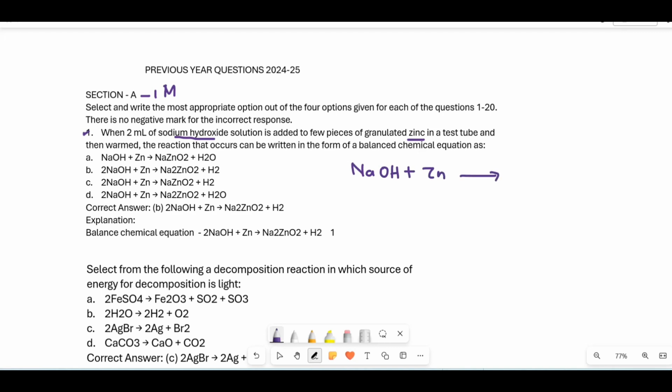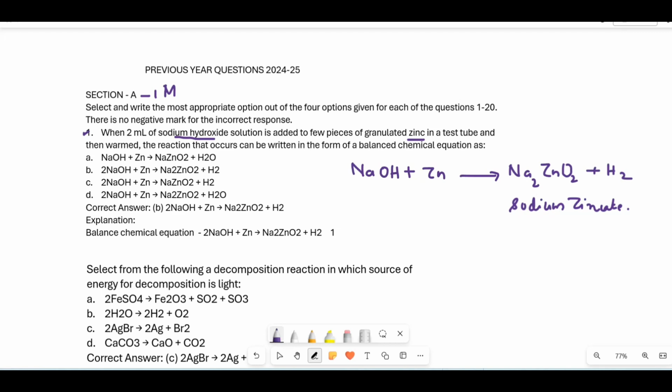This reacts to give a product, Na2ZnO2, sodium zincate, and hydrogen gas will be liberated.